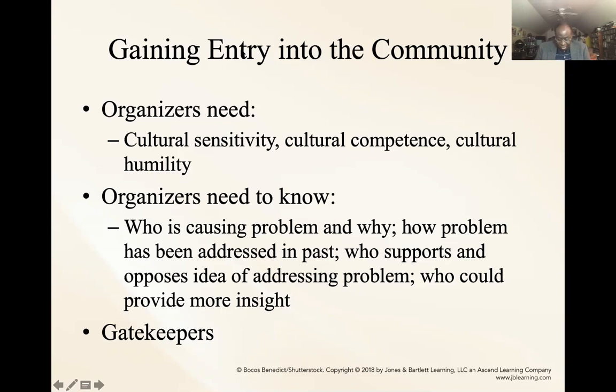So at times, when you think of some areas wherein you have a lot of cultural divide, you have some people within the community who do not like the others because they are black, because they are immigrants. So you have to know who is causing the problem and why. Why do they carry those beliefs or those kind of attitudes of hating other people?